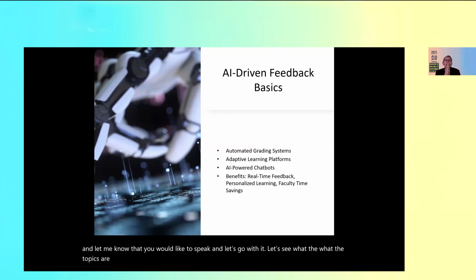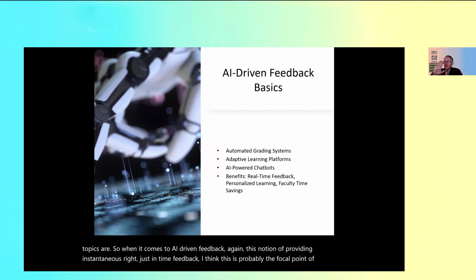So when it comes to AI-driven feedback, this notion of providing instantaneous, just-in-time feedback is probably the focal point of the discussion. That is just in time, and it's highly, highly personalized.